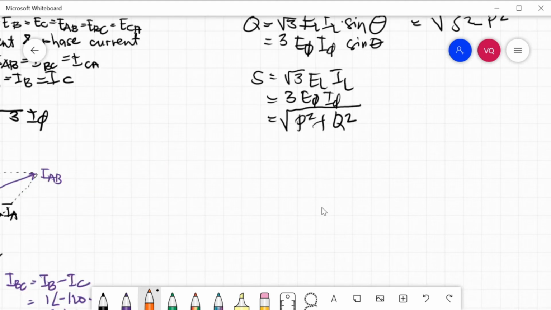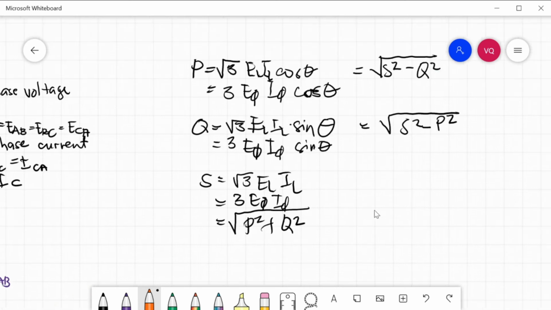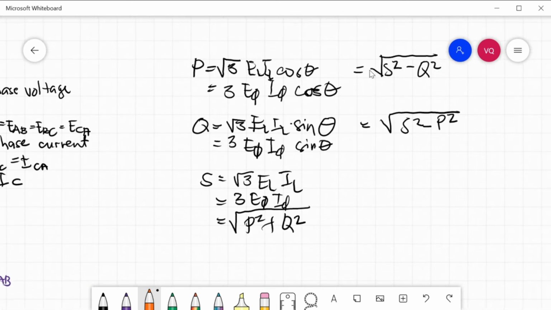So P is equal to square root of 3 ELIL cosine theta. And also, you can solve that by 3 times E phase I phase cosine theta, equal to square root of S squared minus Q squared, where S is our apparent power.